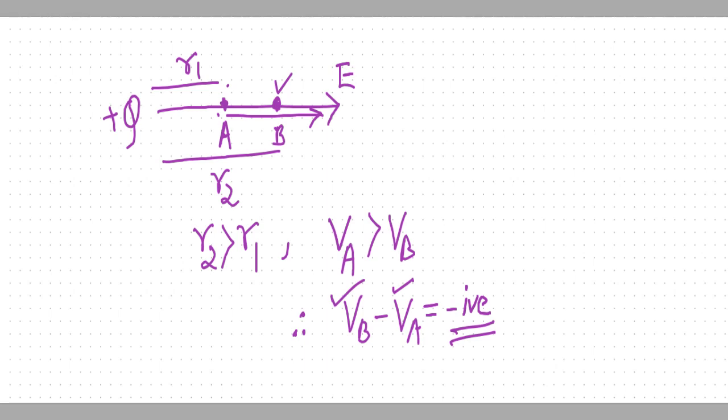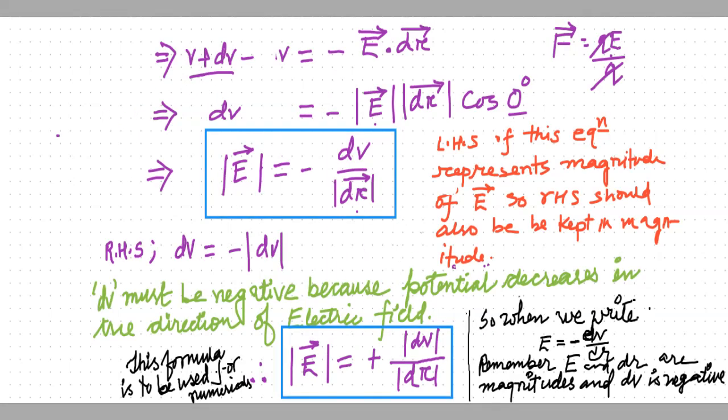So let us complete the derivation here. dV must be negative because potential decreases in the direction of electric field. So dV can be rewritten as minus of magnitude of dV, since it will always have a minus sign. So put it here, minus minus becomes plus.